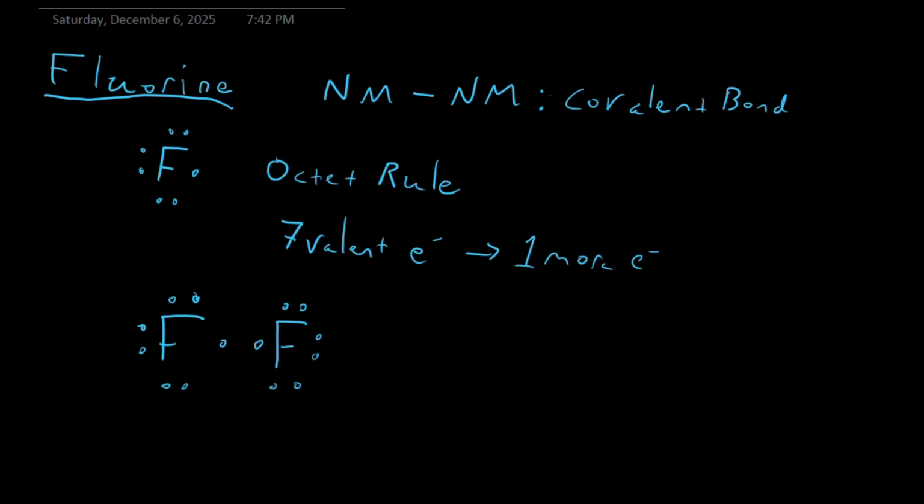So we have our 2 fluorine atoms, and we need to see if this will satisfy the octet rule. In other words, if they're sharing, and this is just a single line between the two, if they're sharing a single electron apiece, we should have 8 total electrons for each element.